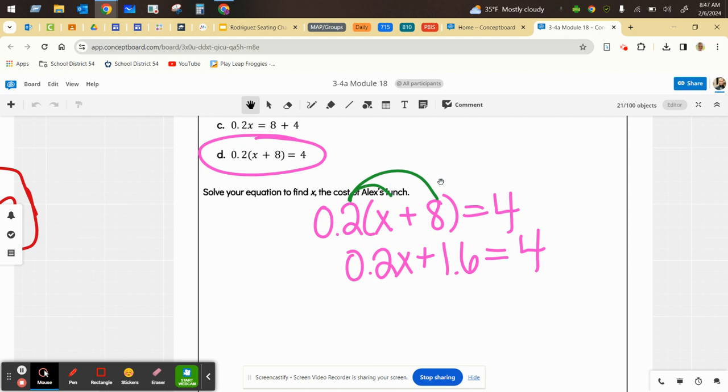I have no other x's to combine, so I'm not going to move that. I'm going to subtract that 1.6. I have 0.2x equals 2.4. And then my last step, I'm going to divide both sides by 0.2.